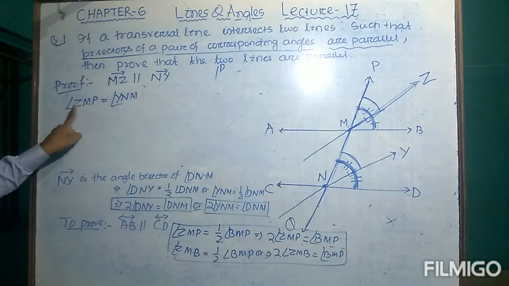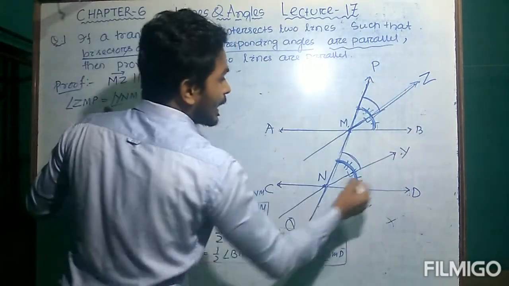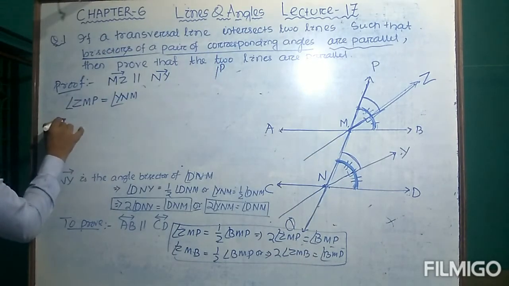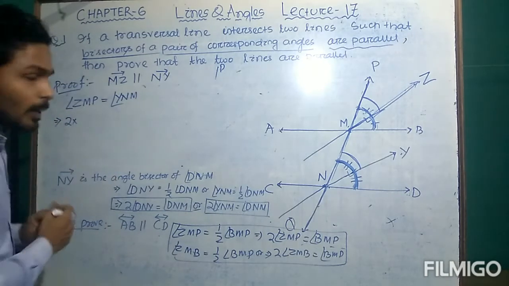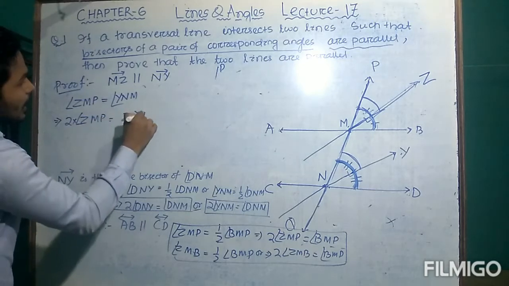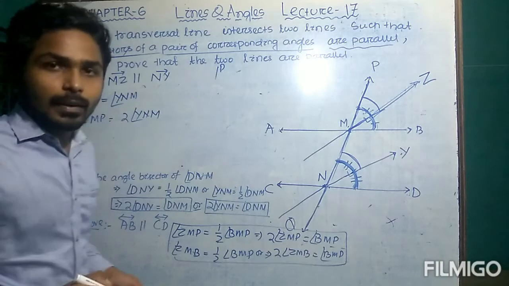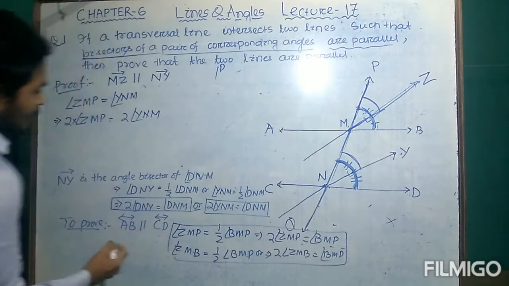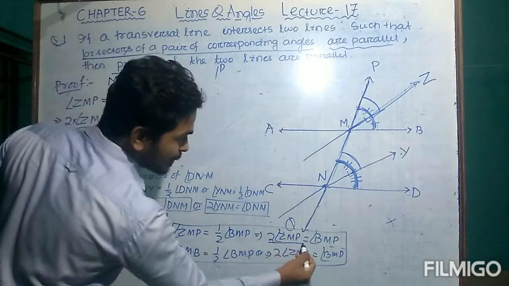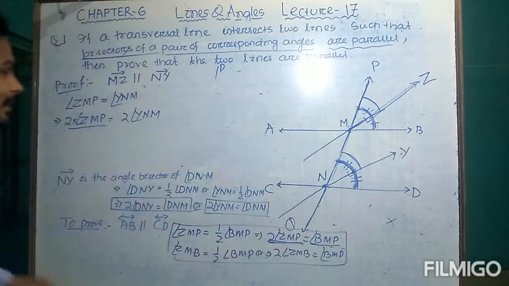Now you have found that angle ZMP is equal to angle YNM, right? Now multiply 2 on both sides, so that it will be 2 ZMP and 2 YNM. Next, see one thing here: 2 times ZMP is equal to BMP.